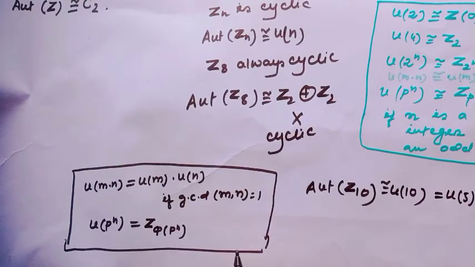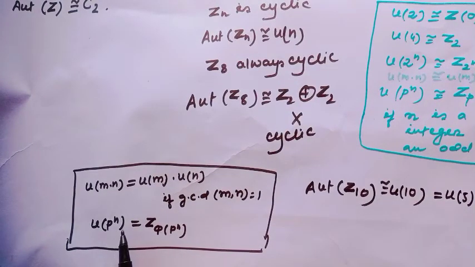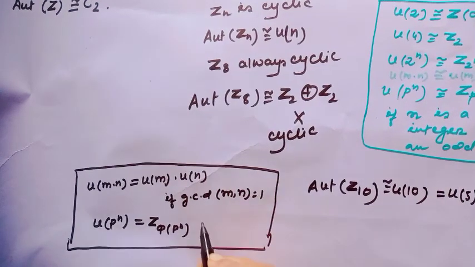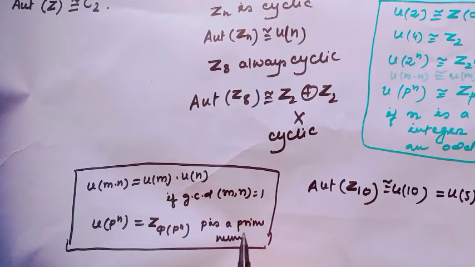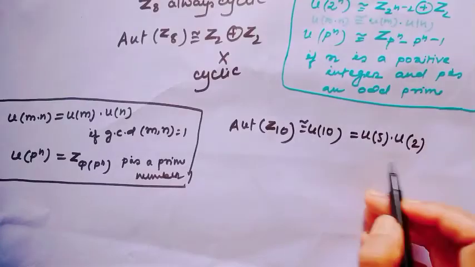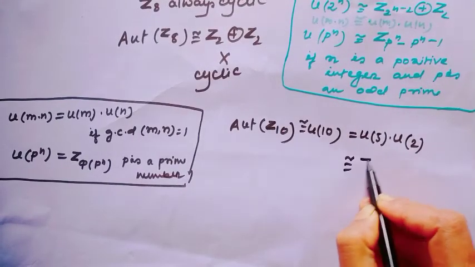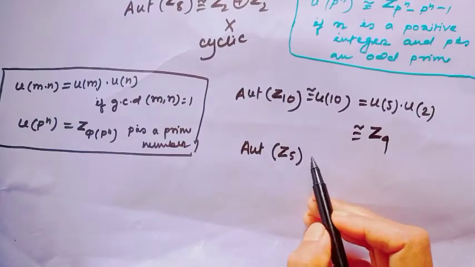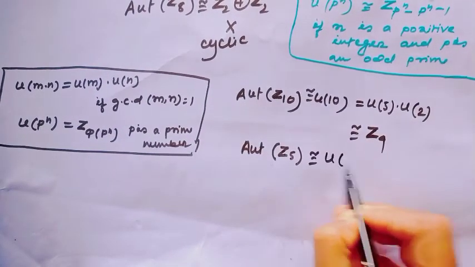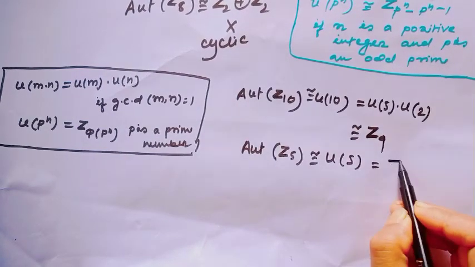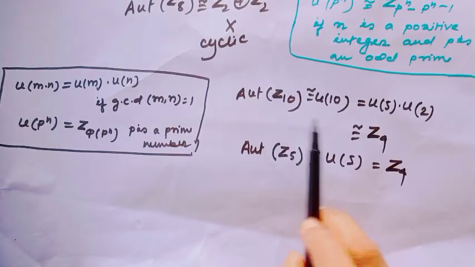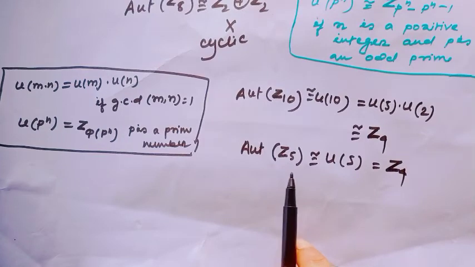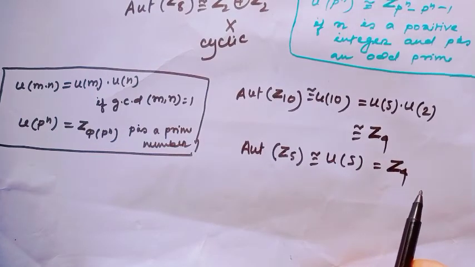And U(p^n) is isomorphic to Z(phi(p^n)), where p is a prime number. Then it is isomorphic to Z4. Similarly, Aut(Z5) is isomorphic to U5 and U5 is actually Z4. So notice here Aut(Z10) is Z4. Similarly, Aut(Z5) is Z4.